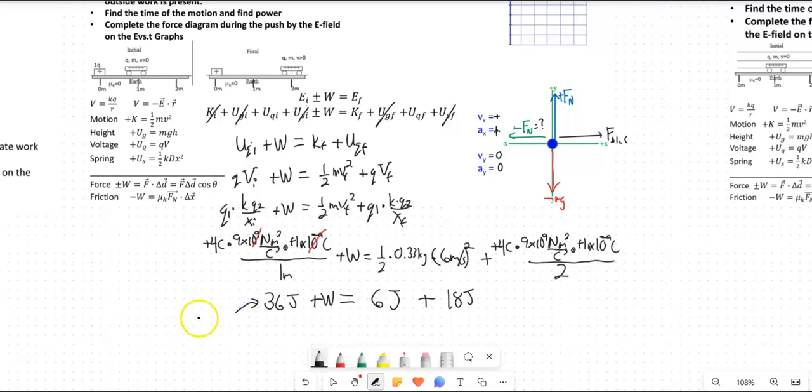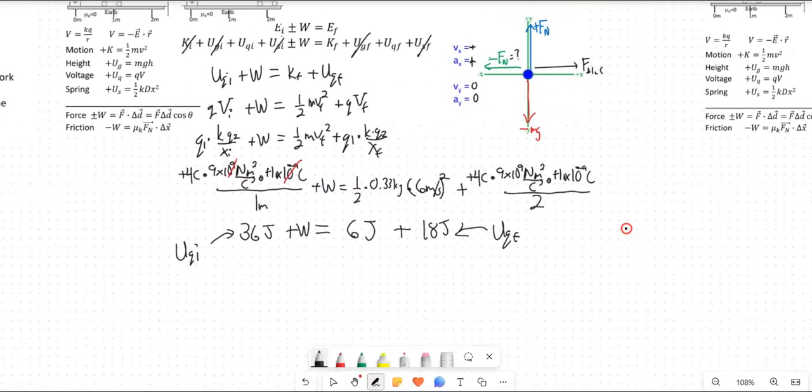Incidentally, this is our initial potential energy due to the charge, and this is our final potential energy due to the charge that we're going to have to map up on that energy versus time graph.